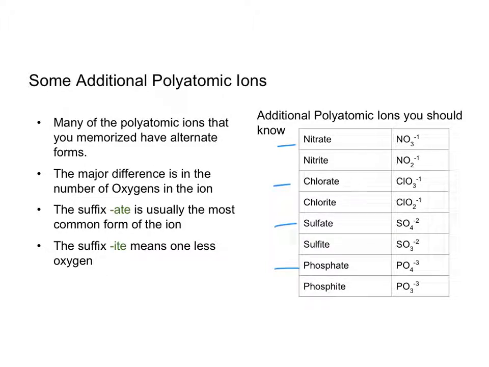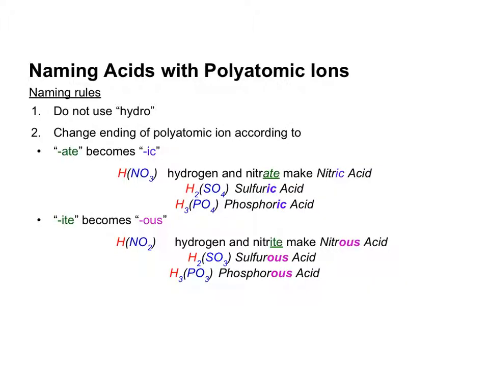Now, how polyatomic acids work is, first of all, they never use the prefix hydro. This is how we keep polyatomic ion acids separate from binary acids. All we do is identify what the polyatomic ion is and change the ate suffix to ic and then add acid, or the ite suffix to ous and add acid.